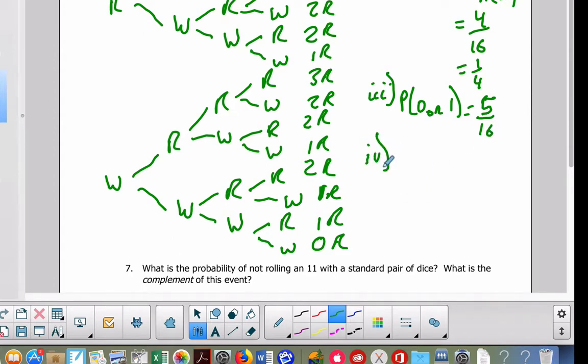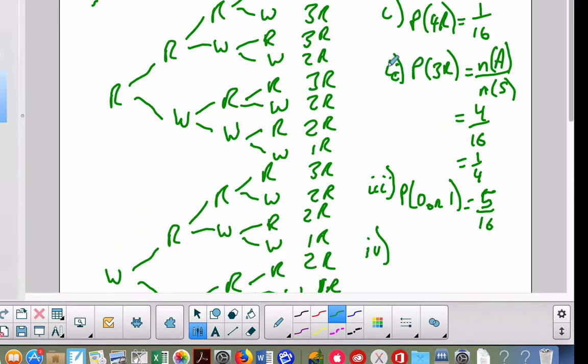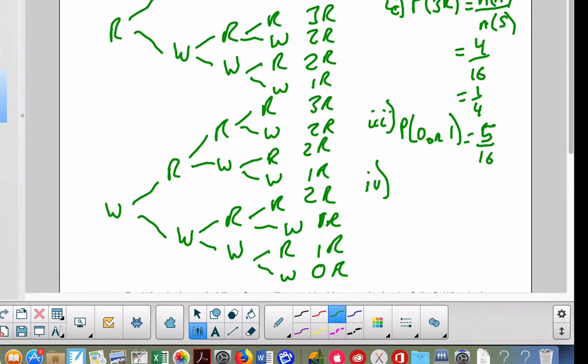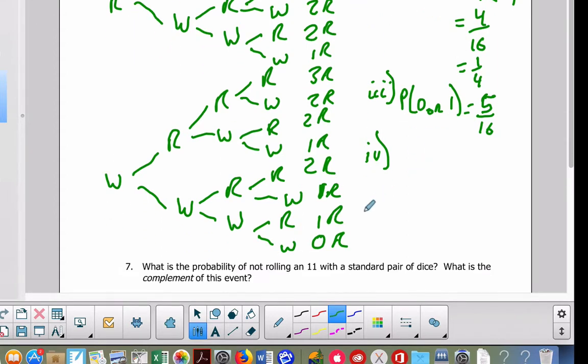And the 4th question was not all incorrect. Well, if you don't get them all incorrect, that means that the complementary event would be that you get them all incorrect.